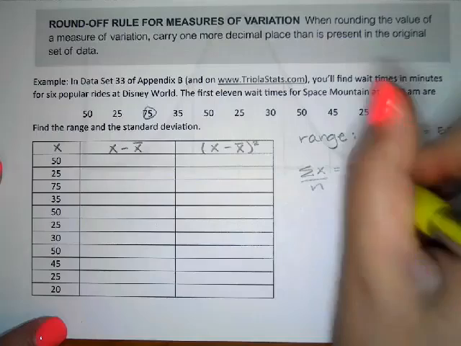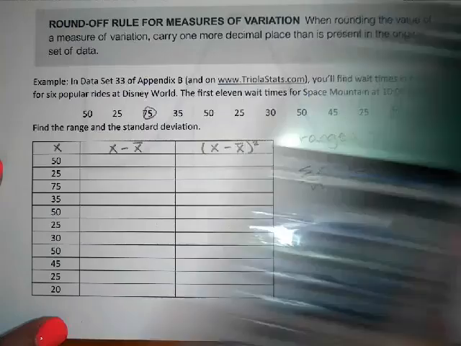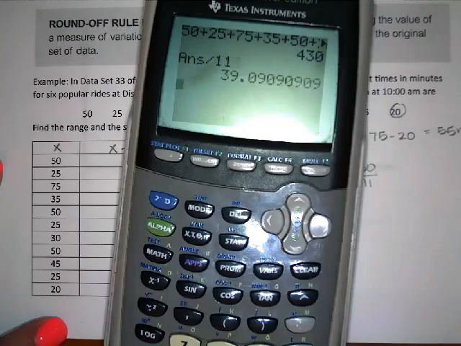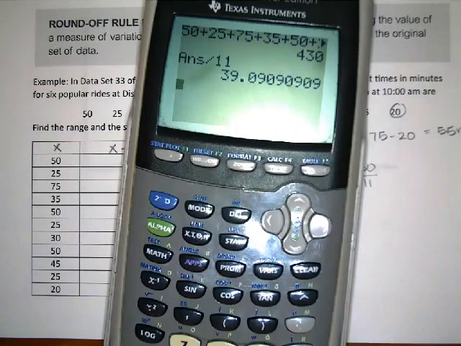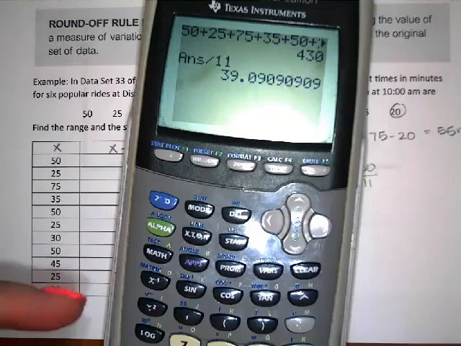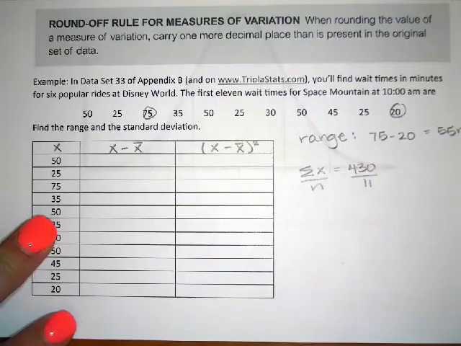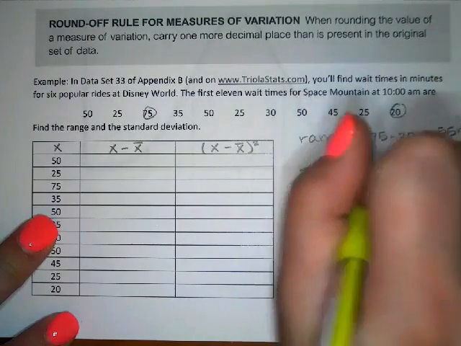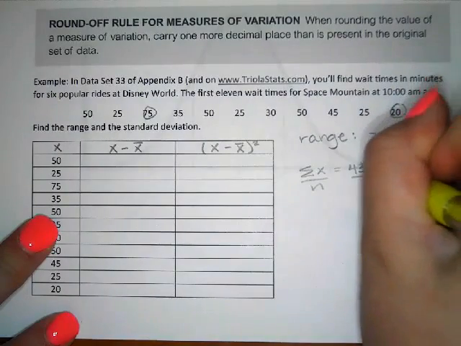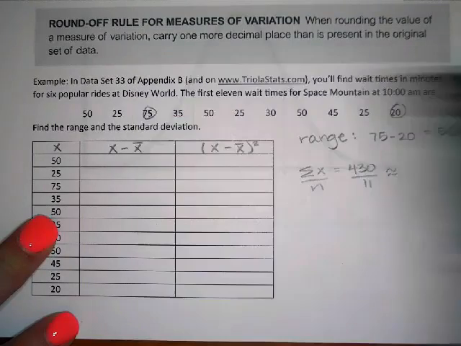That's the formula to find the mean. So divide that by 11. And then we do just one more decimal place. That was from the measures of center notes, similar to the round-off rule here, you just do one more decimal place than your data points. So instead of a whole number, we're going to do to the tenth place. So this is approximately 39.1 minutes.